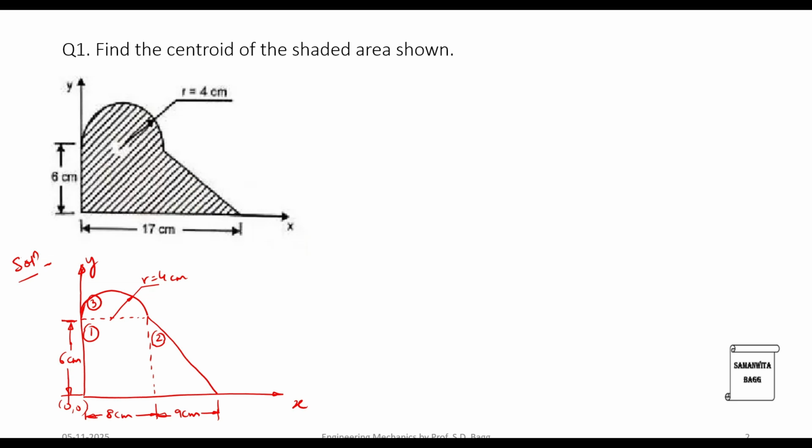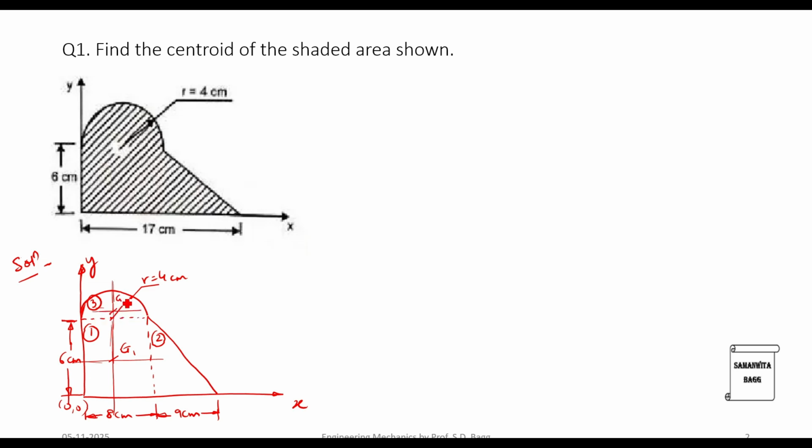Now we will draw individually the centroid for each standard shape. So for this rectangle, I am going to mark the centroid at half. So this is my G1 corresponding to body 1. For this third semicircle over here, we know that the centroid is half of the base and this much distance over here.